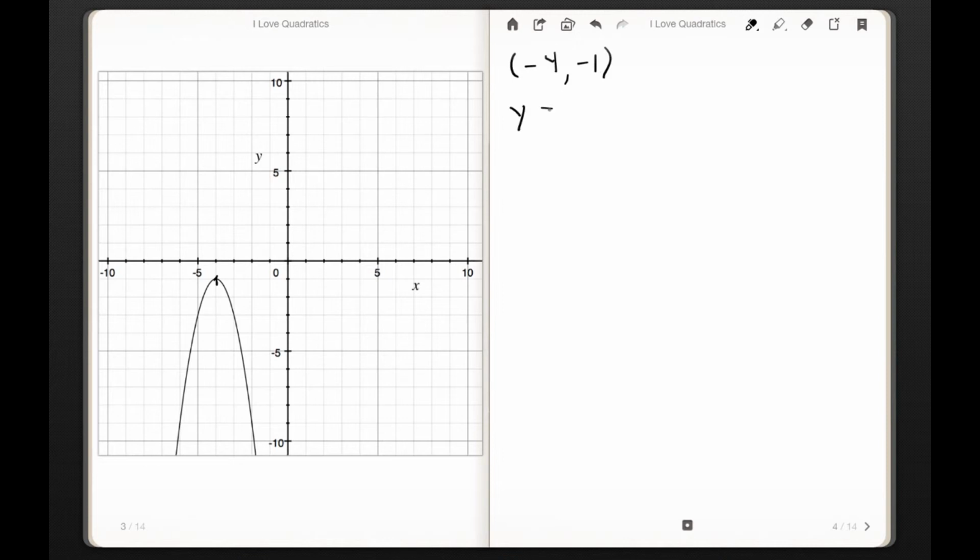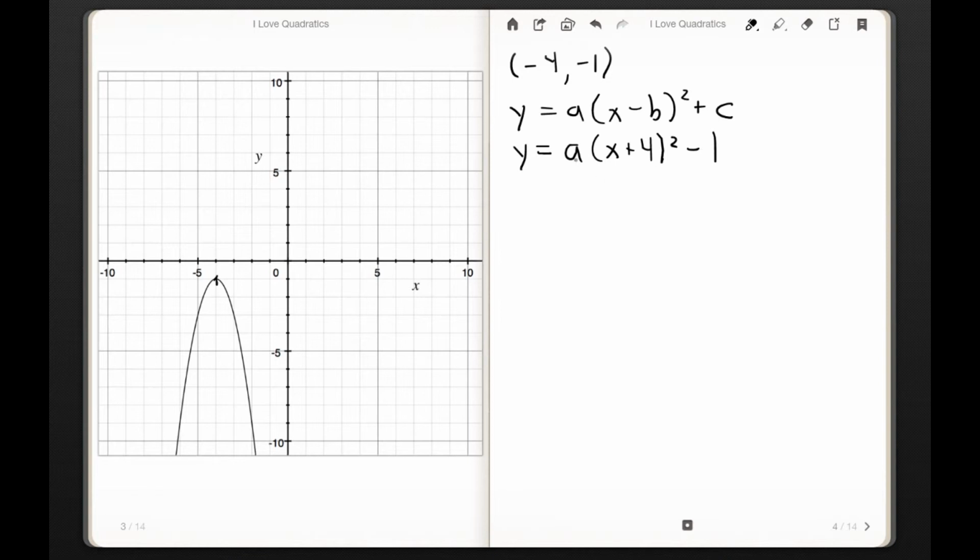So now when we substitute that into the vertex form, we have x minus b here. So if b is -4, this will be x minus -4, which is x plus 4 squared, and c is -1, so we get -1.